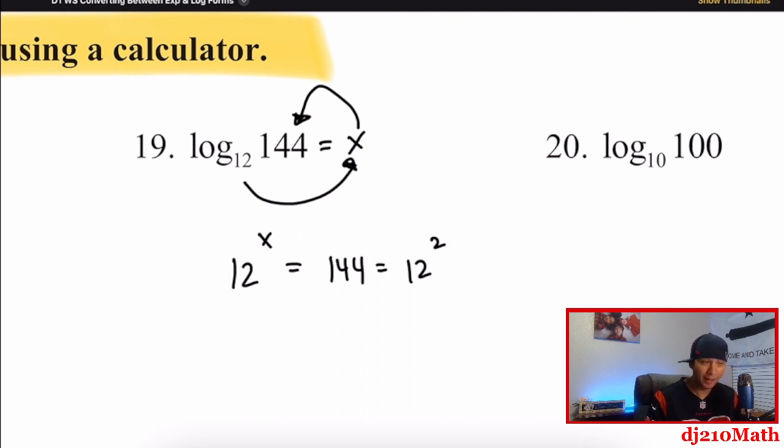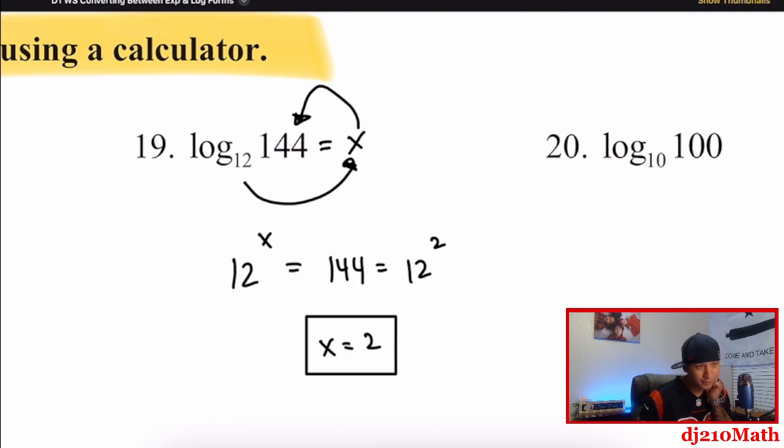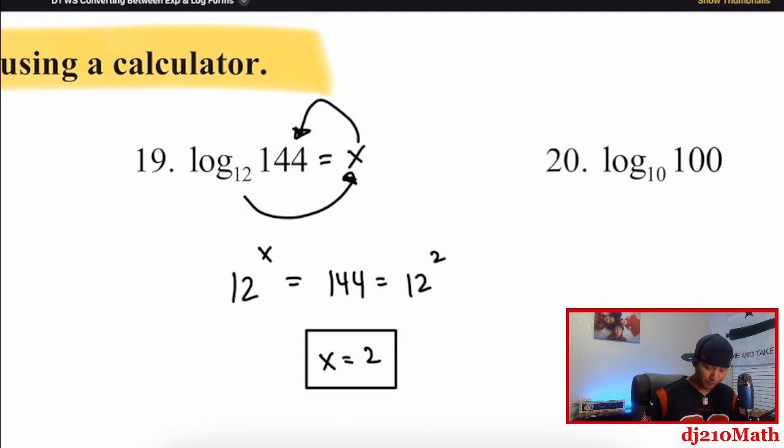Then the bases match, so we can equate the exponents. But really, if you just look at 144 and you know that's 12 squared, x has to be 2, logically. But if you're just learning your times tables, in fact, it's not x equals 2. The answer is 2.